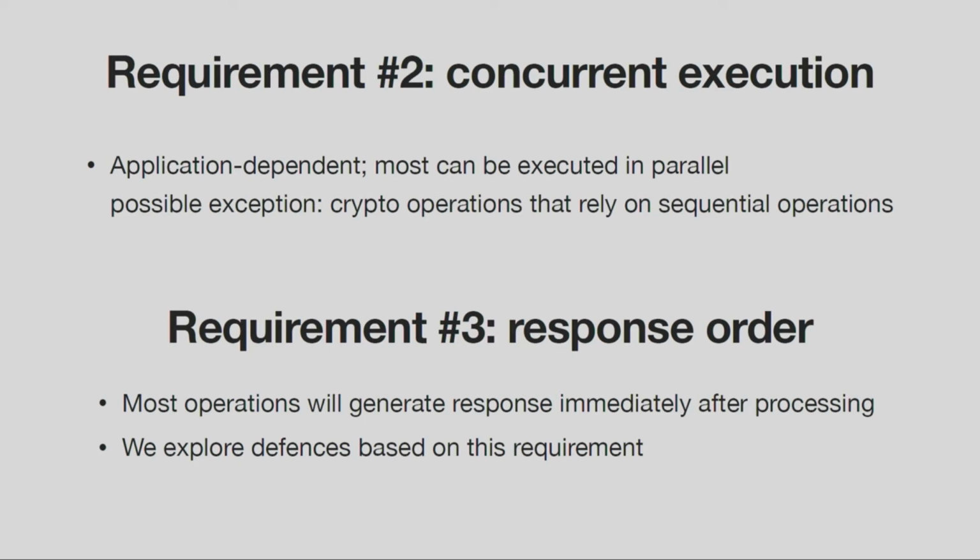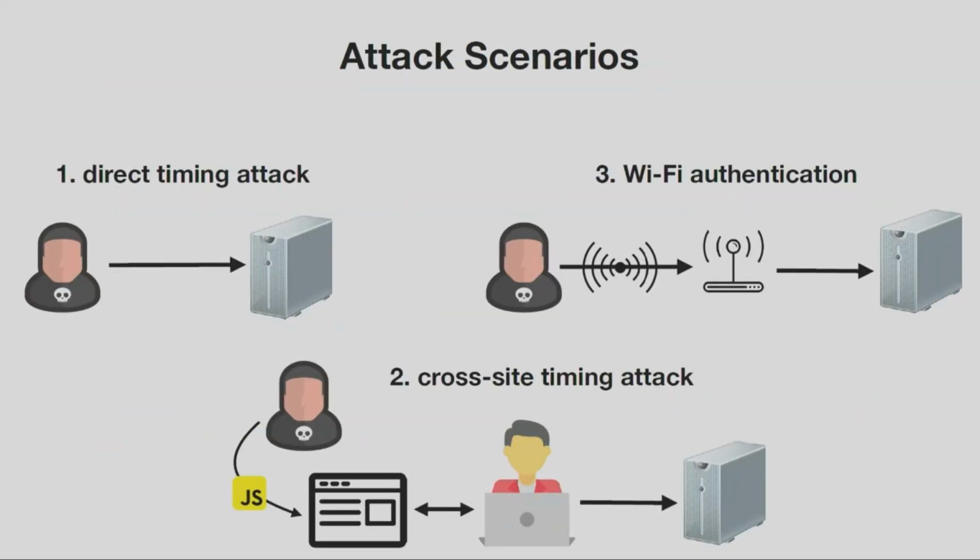So in our research, we considered three different types of attack scenarios. The first one is the direct timing attack, where the attacker is directly sending requests to a server.